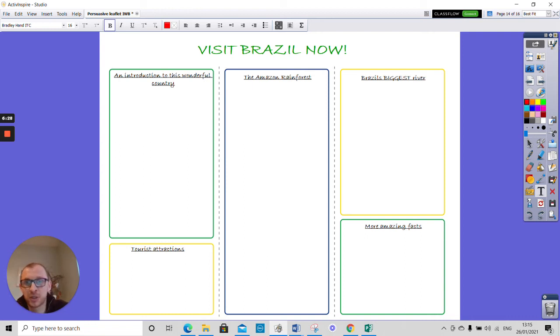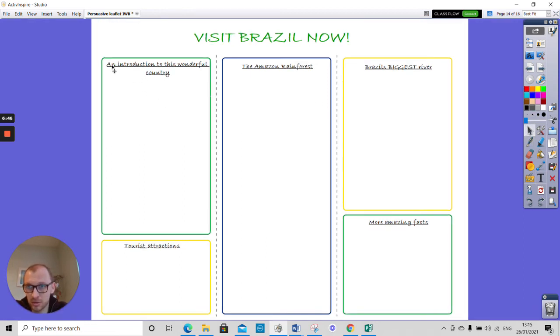So you'll have across the top a title, which I put Visit Brazil Now. You can change that if you like or use that. You have then got 1, 2, 3, 4, 5 sections. Okay, so you need to measure along the width of your page and split it into 3 equal sections with dotted lines.